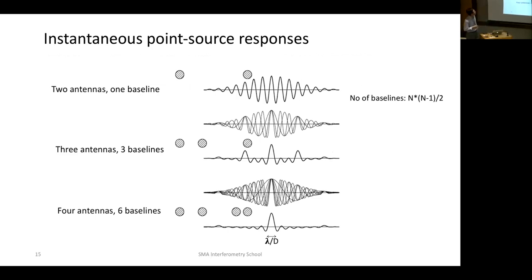Supposedly we have two elements, antenna 1 and antenna 2, separated by a baseline of D. You have a point source at infinite distance from those antennas, so you have plane waves coming in. What you have is the so-called fringe pattern here.